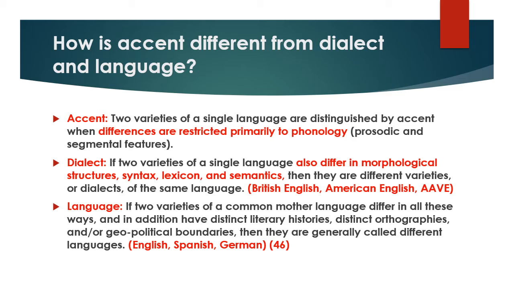So English, Spanish and German are three different languages. They have different writing systems, they have different sentence structures, they have different sound systems, and so on.